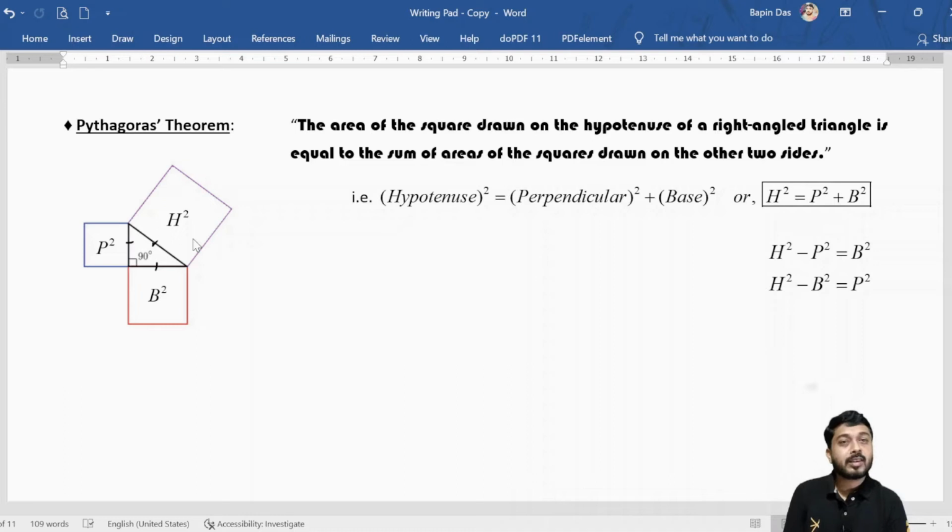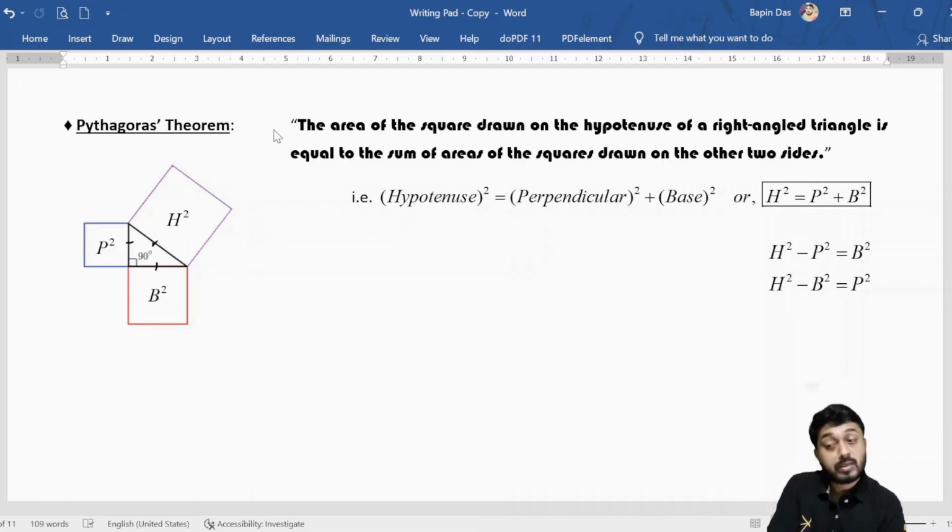The formula for the area of a square is side square, right? A square's four sides are equal, and each side is equal to the hypotenuse of this right angled triangle. So necessarily the area of this square is hypotenuse square, that is h square, right? Similarly, other two squares are drawn on the other two sides of this right angled triangle, and the areas of these squares are p square and b square, perpendicular square and base square, right?